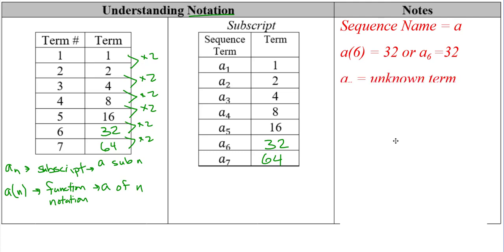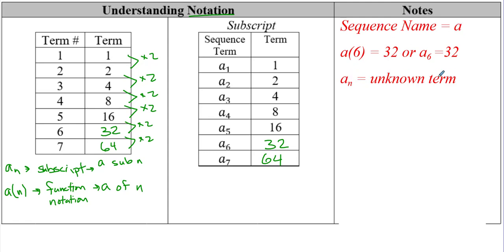Okay, so the other thing that is important to know, and we saw a little bit of this right here on the left, when we say A sub n, this n lets us know that we have an unknown term. So here we have A sub 7, but what if we wanted the 32nd term or the 55th term? If we are asking for an unknown term, we can use that variable n with our sequence name.